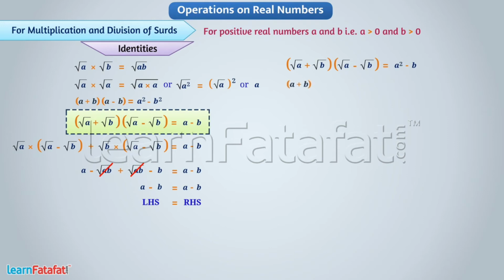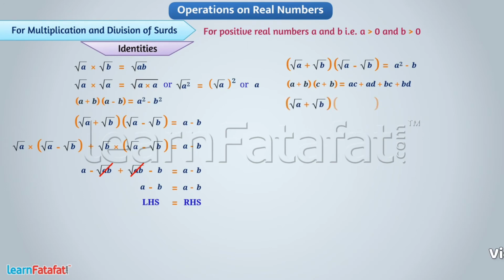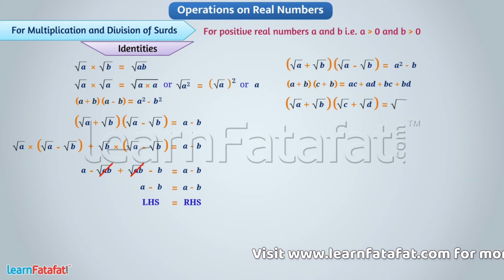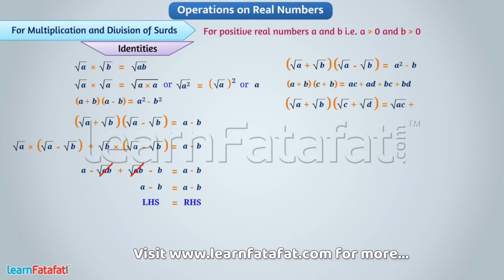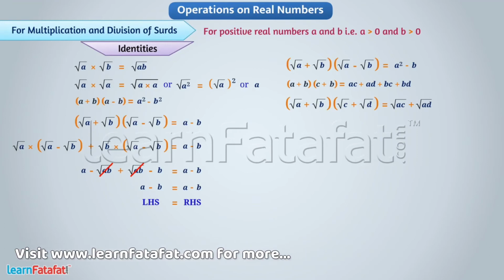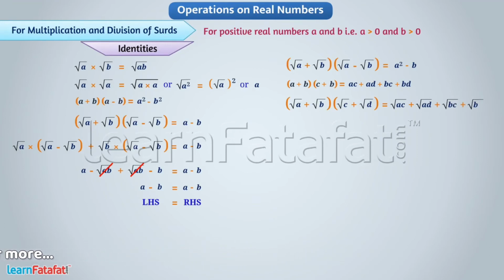Next, a plus b multiplied by c plus d is equals to ac plus ad plus bc plus bd. So we can write root a plus root b into root c plus root d is equals to root ac plus root ad plus root bc plus root bd.